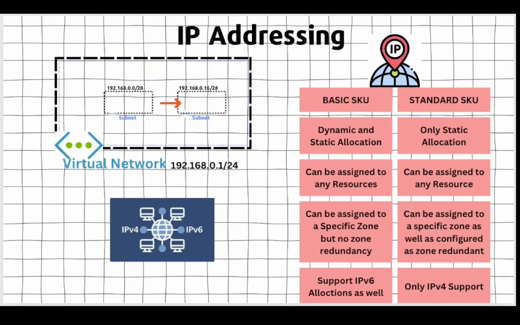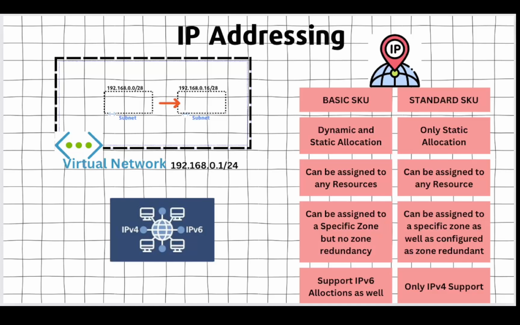Basic SKU provides dynamic and static allocation, and standard SKU only allows you to statically allocate the IP address. So what does that mean? It means that the basic SKU IP address can change. And it will also allow you to keep the IP address static in basic SKU, while in standard, the public IP will always be constant.